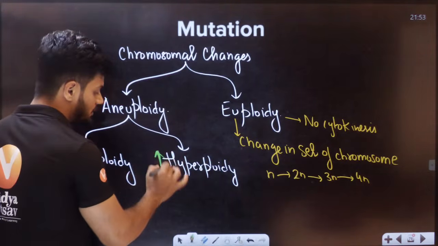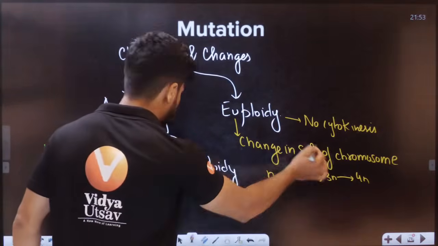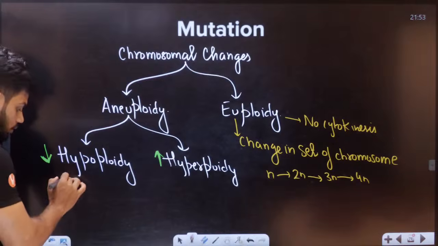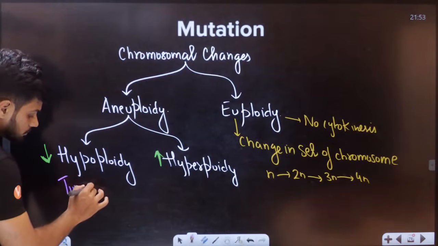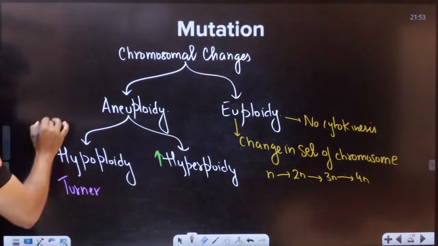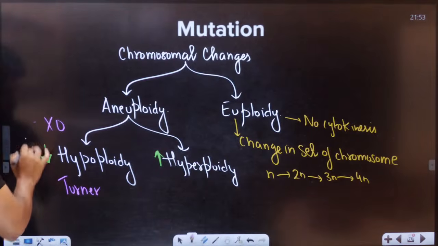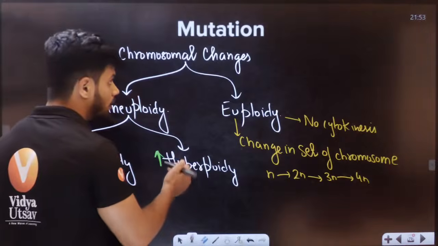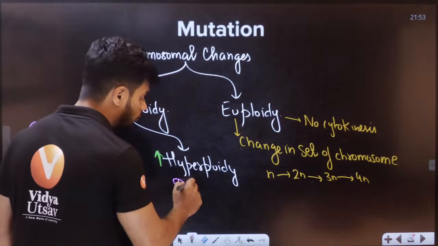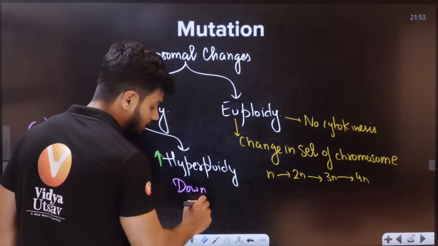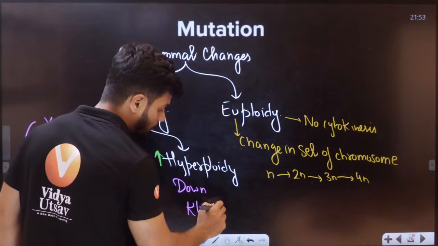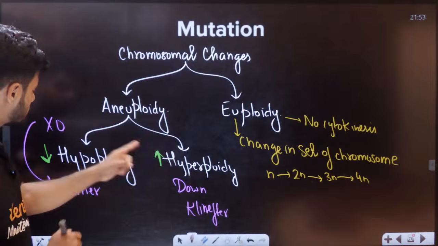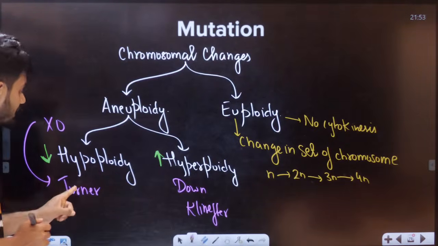For example, with decreased chromosomes there is Turner syndrome, that is XO condition, which I'll teach you eventually. In hyperploidy we have trisomy 21 Down syndrome, as well as Klinefelter syndrome. So hyperploidy is an increase in number of chromosomes, hypoploidy is a decrease.